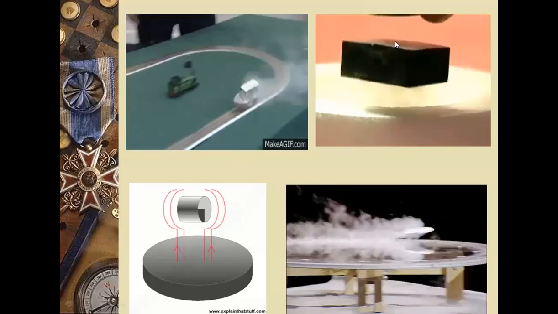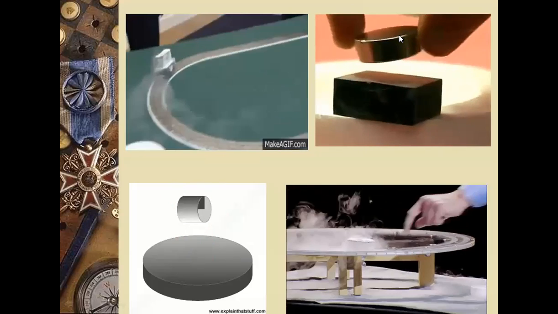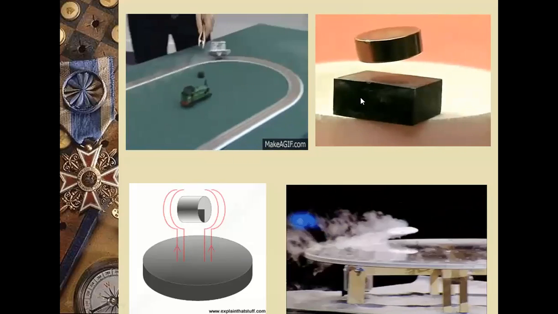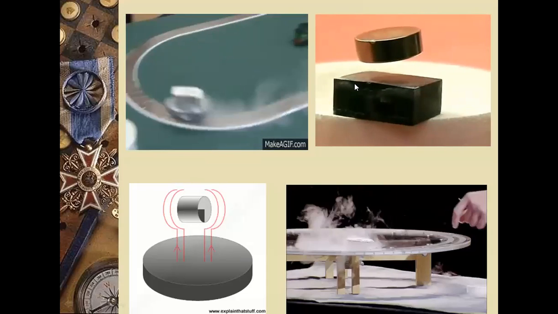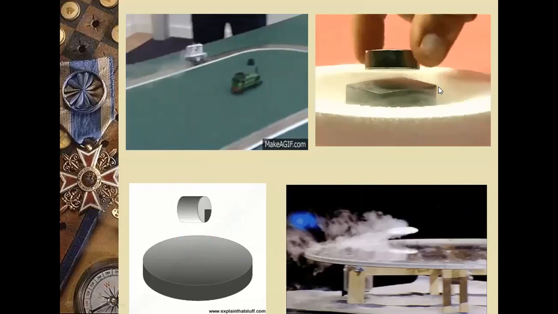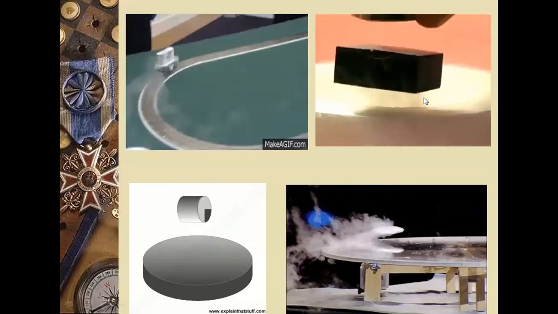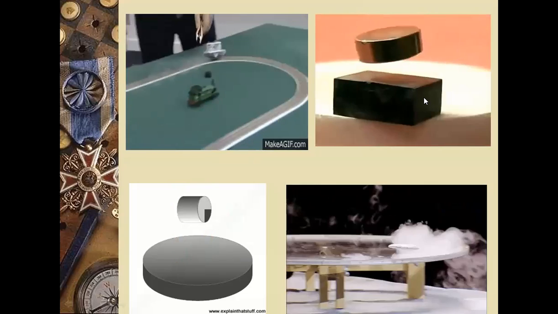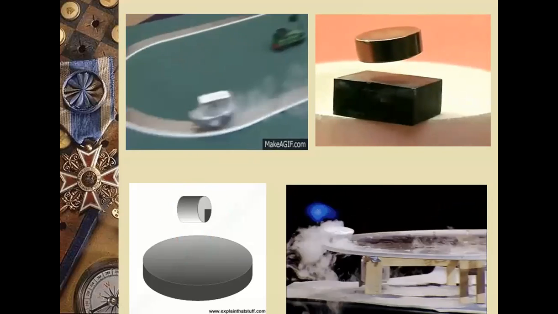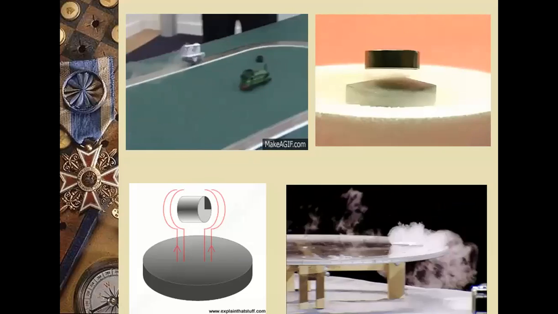So you are placing the superconducting material in the presence of a magnetic field. The magnetic field does not enter into the superconducting material. The field lines are expelled out of the sample, out of the material.